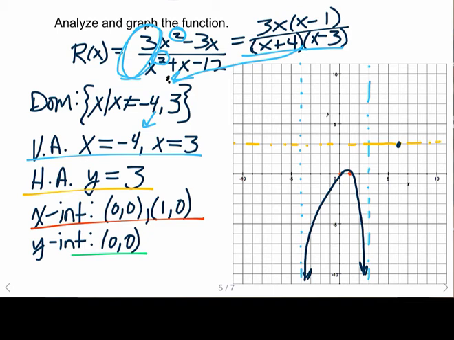As far as the rest of this, test points would be the way to go. Put in x values, you get y values. We're going to find out we have a branch that's in the upper left that is asymptotic above and below. And we have a branch that comes from the upper right, but this one crosses that horizontal asymptote. But here's the deal.